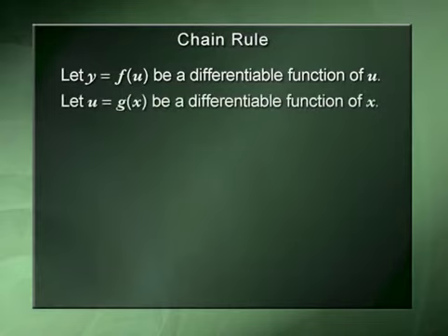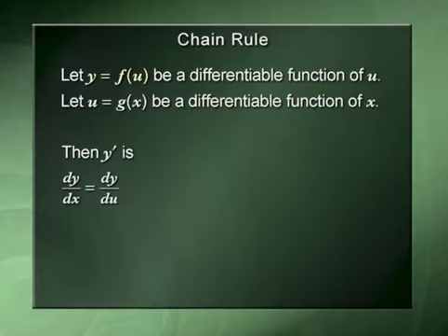And u is another function, which is also differentiable. Then the derivative of the composition, dy dx, is dy du, the derivative of the outside function, times du dx, and that du dx is the derivative of the inside function that you add on at the end.